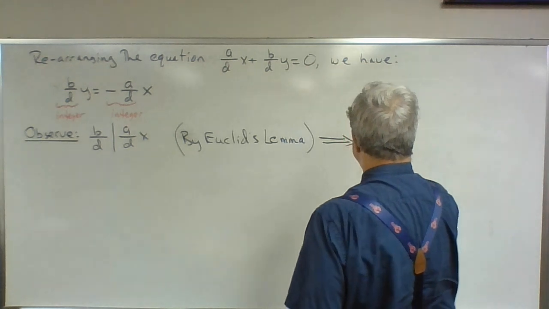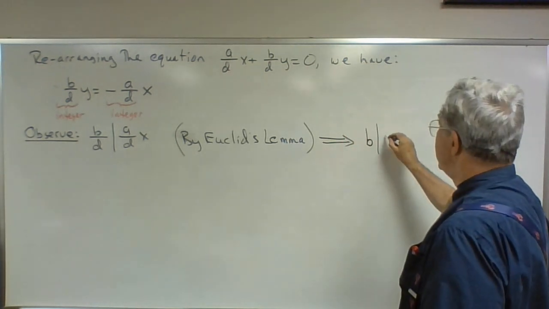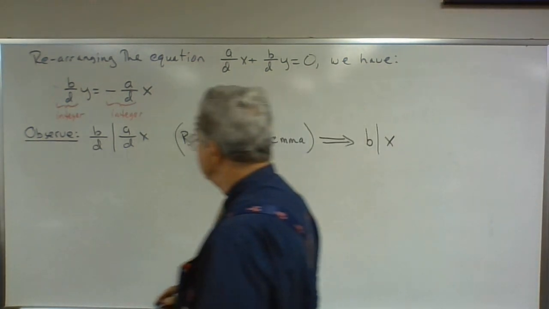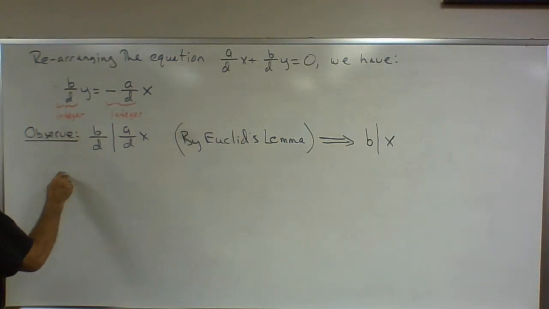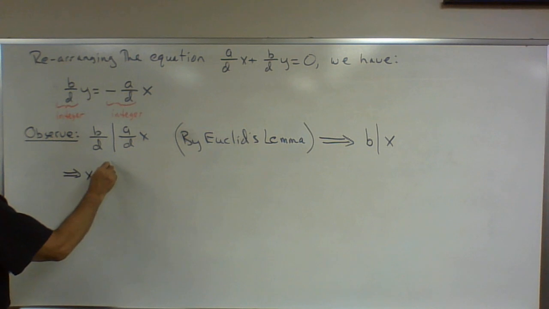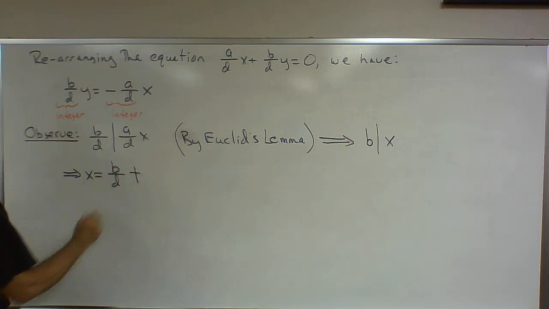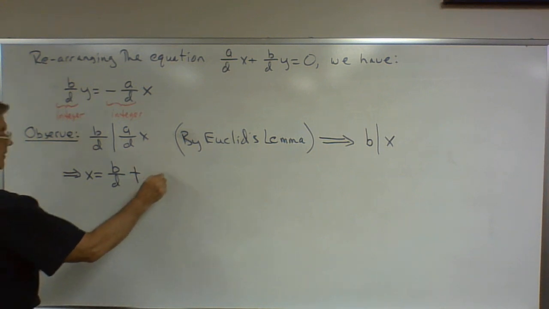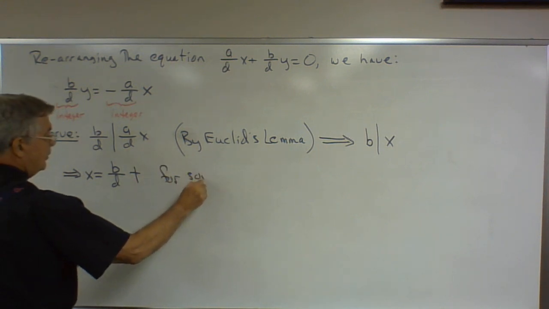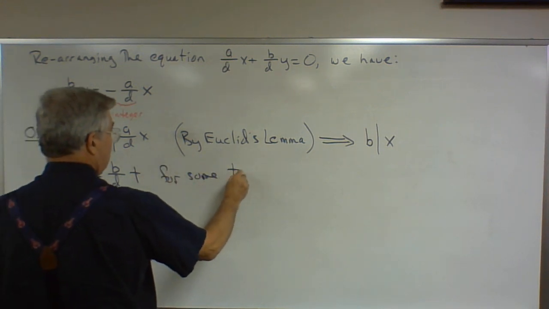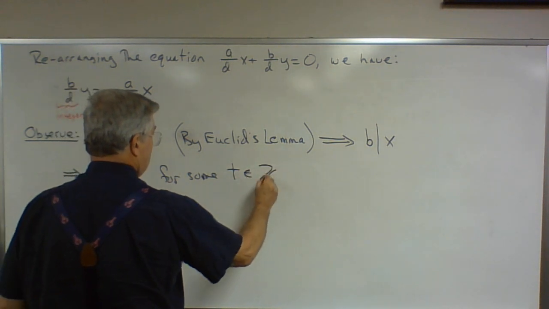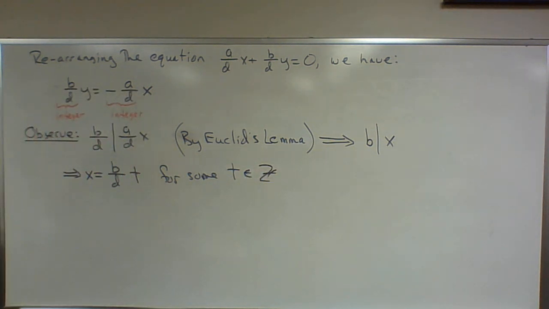So we have b over d divides x. And what does that tell us? It tells us that x equals b over d times some integer, we'll call it t. Okay.